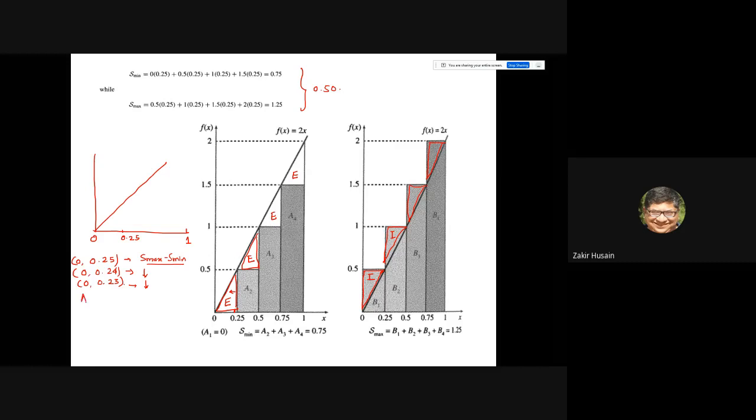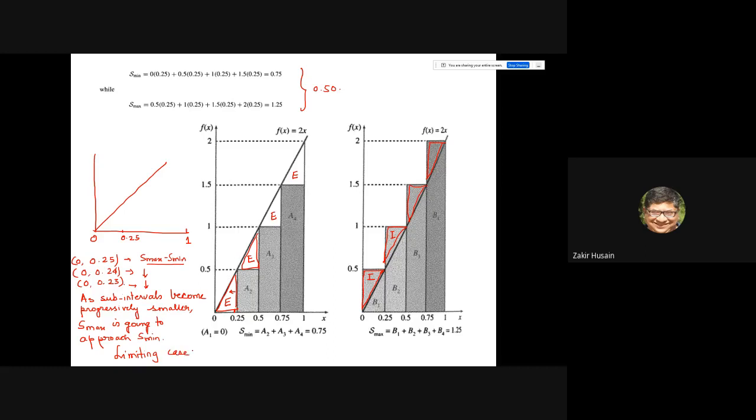So as the subintervals become progressively smaller, S max is going to approach S min. And in the extreme, limiting case, S max tends to S min.